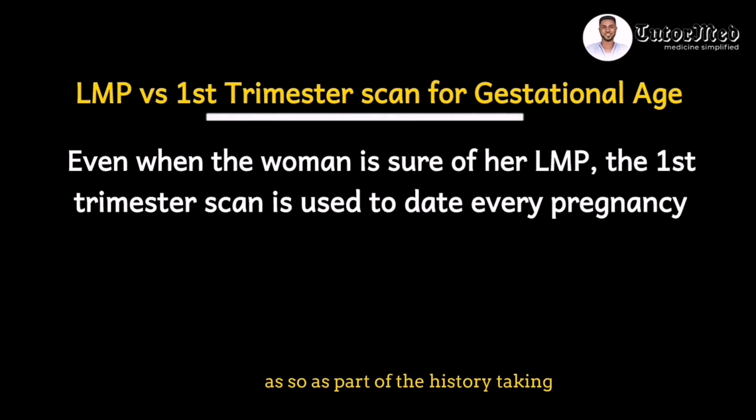And so as part of the history taking, once you get the LMP, the clinician may ask the patient whether she has taken a scan in this pregnancy, and when it was taken. If you get the scan which was taken in the first trimester, and usually after 7 weeks, so between 7 weeks and 13 weeks, if the woman has taken a scan like that, then you can use that scan to date your pregnancy.